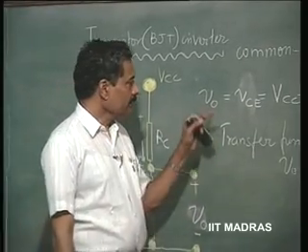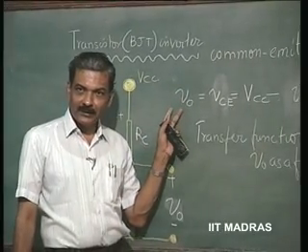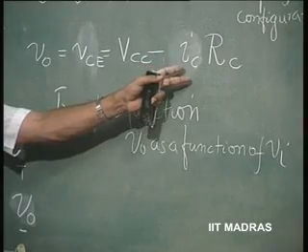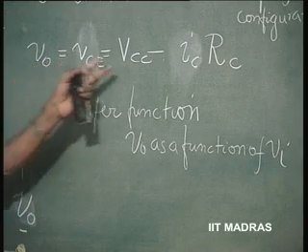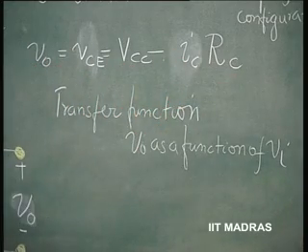Okay. So, we are now considering the instantaneous value of these voltages with respect to the instantaneous value of the currents. V naught therefore, at any instant of time, is equal to V C C minus I C R C, that is always valid.